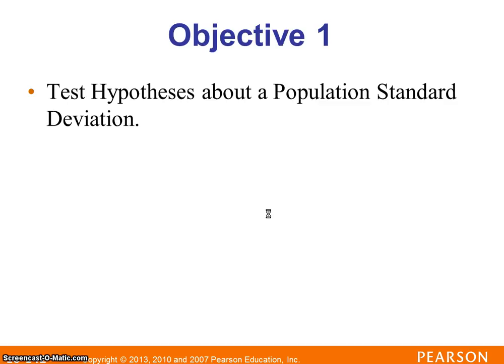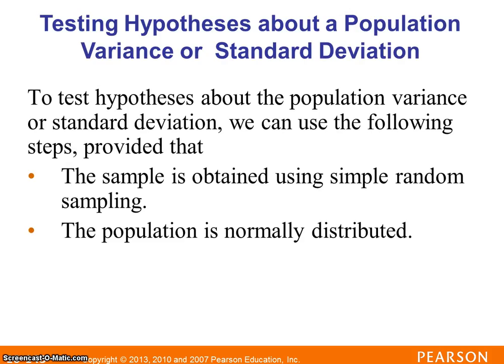So the first objective in this case, and the only objective I guess, will be to test the hypothesis about a population standard deviation. So as far as testing hypotheses about a population variance or standard deviation, we can use the following steps, provided that the following conditions are met, and that is that the sample is obtained randomly and the population is normally distributed.